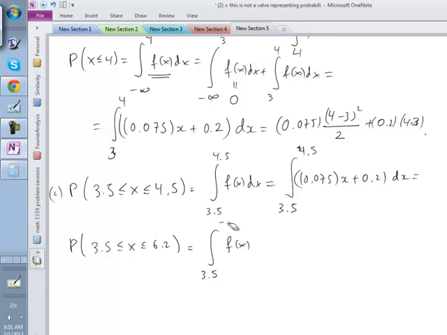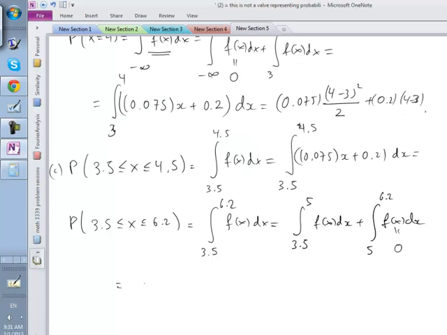But in this interval between 5 and 6.2, the density is 0, so that would have been the integral from 3.5 to 5 of f of x dx. And now you do the math, the rest is easy.